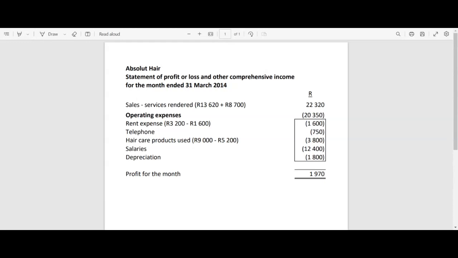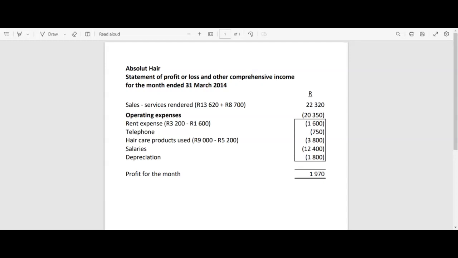So at this point in time, we start with our income. What income have we got? We've only got one source of revenue. Dr. Tietz used the term revenue the other day. We'll talk about revenue in financial accounting 2 as well. So revenue is your primary source of income. But then we also have to specify what that income is. It is for services rendered.